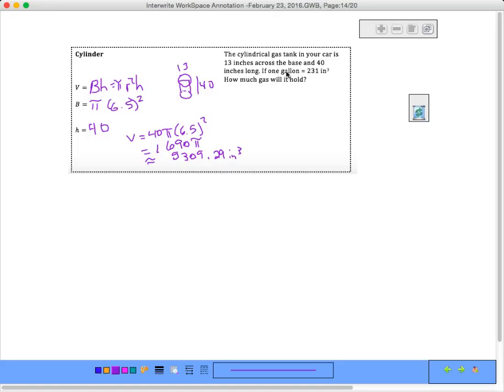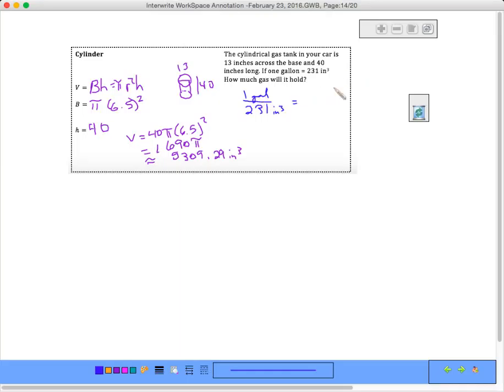Now, that's not all, because they said 1 gallon is 231 inches cubed. So I'm going to set up a proportion. 1 gallon to 231 inches cubed.